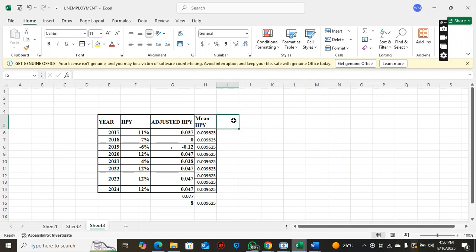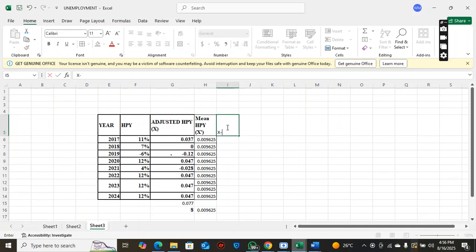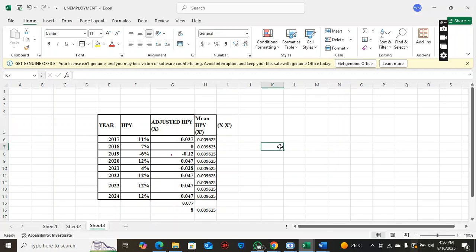We'll call our adjusted HPY X, then our mean, we'll call it X bar. So here, I'm just subtracting each adjusted HPY with the mean HPY. Basically we're getting the deviations. When you subtract every value from the mean, you get the deviation.